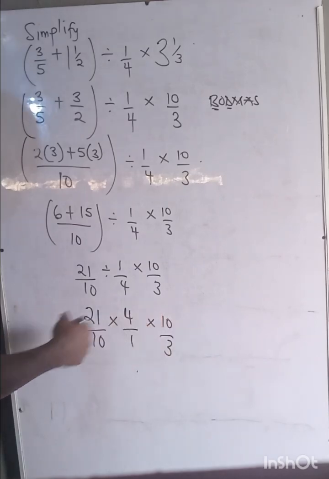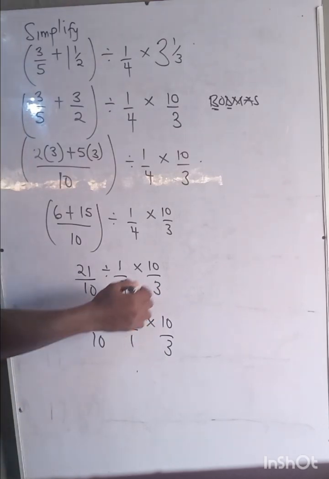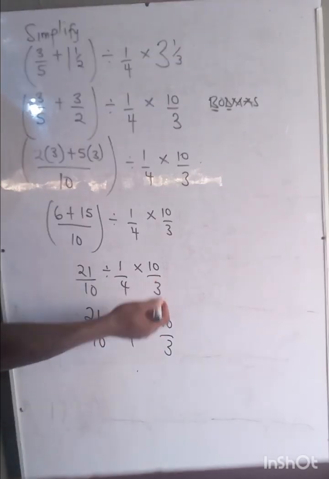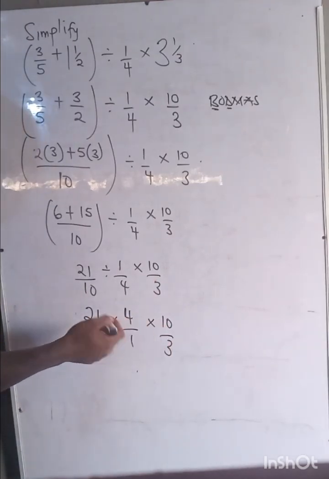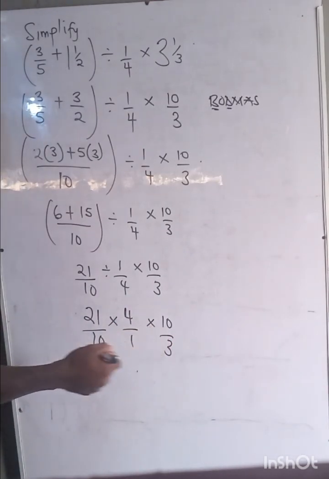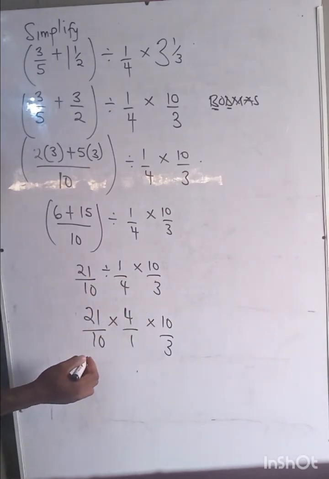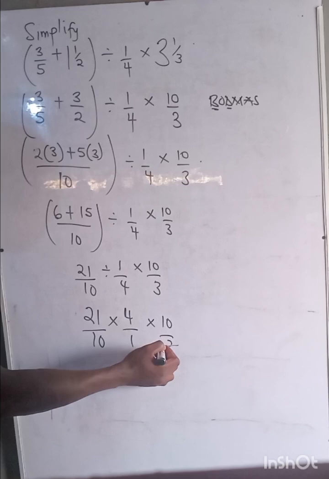We can multiply throughout, that is numerators 21 times 4 times 10 divided by 10 times 1 times 3, or we can do cancellation to make it simpler. We factor the denominators into the numerators they can be factored into.